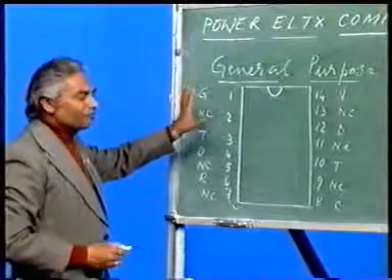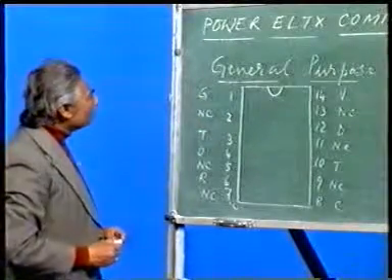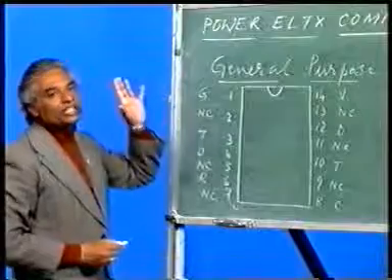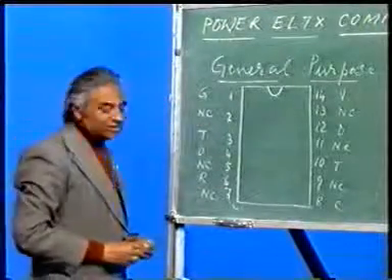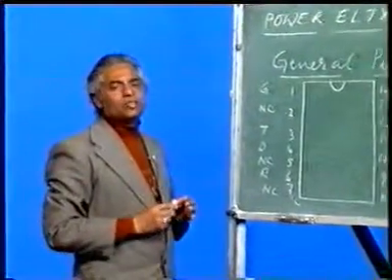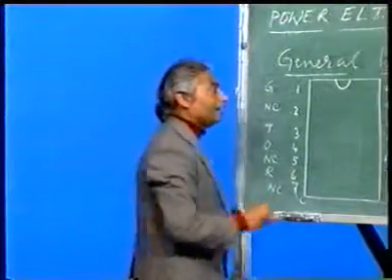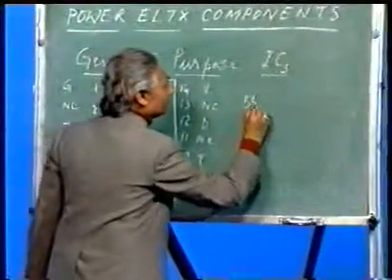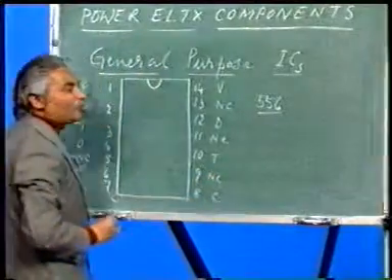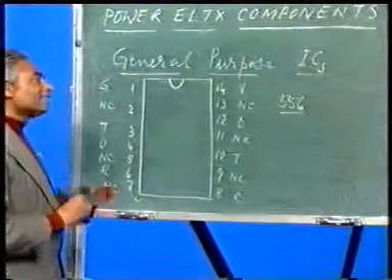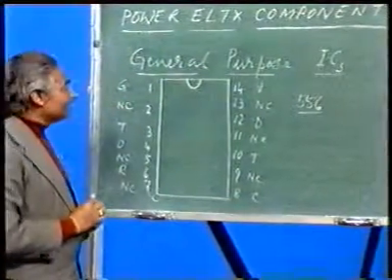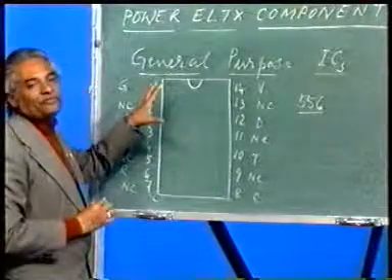This is not different functionally from the earlier one, only thing is it is designed in a 14 pin IC. Now there are other timers also. For example, I would like to mention 556. This is a very important IC, and the speciality about this IC is that it has two 555s inbuilt.